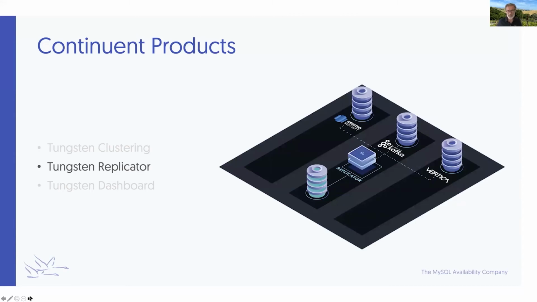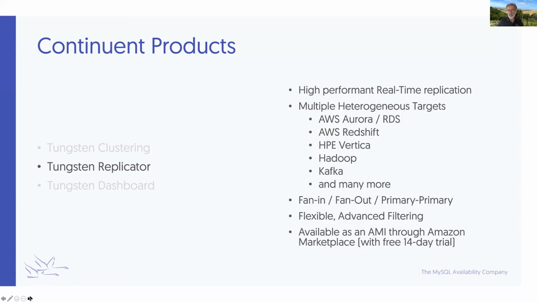Tungsten Replicator, which is a core part of the clustering solution, has more capabilities than just replicating data between MySQL instances. We offer solutions that can replicate into multiple targets. It could be, for example, Aurora, or it could be Redshift, HPE Vertica, Hadoop, Kafka, and a number of others.